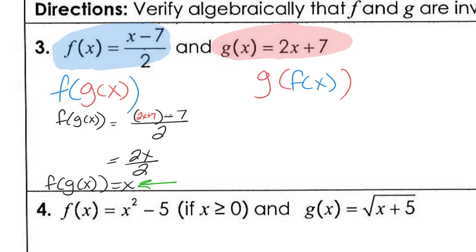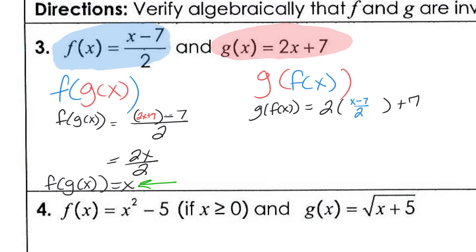Now the thing is, you can't just have one of them be x, both of them have to. So we do a backwards verification. f of g of x came out to x just like it's supposed to. Now g of f of x. I start with the g function, 2x plus 7, and I'm going to substitute my f of x for the x value.